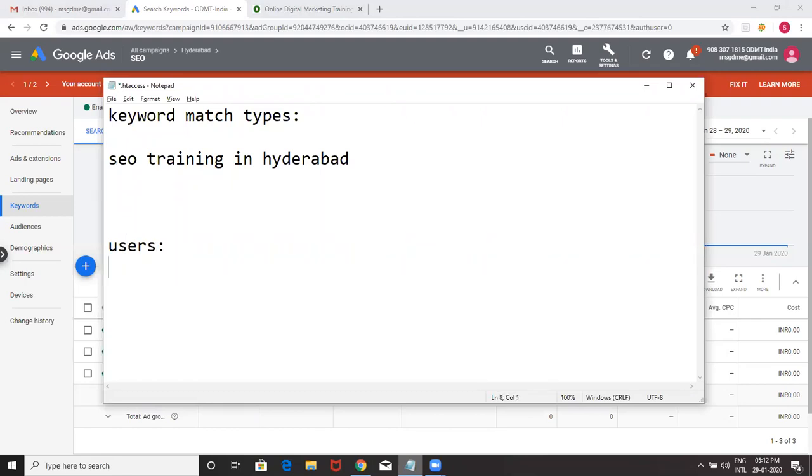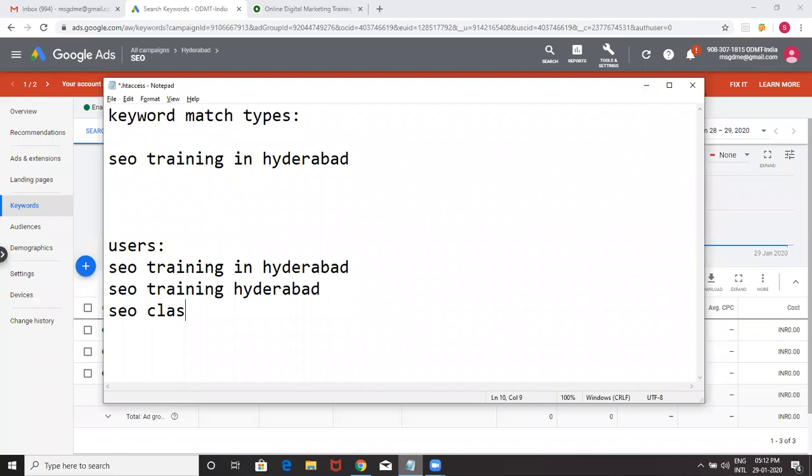One guy searched SEO training in Hyderabad. One more guy searched SEO training Hyderabad. One more guy searched SEO classes in Hyderabad.